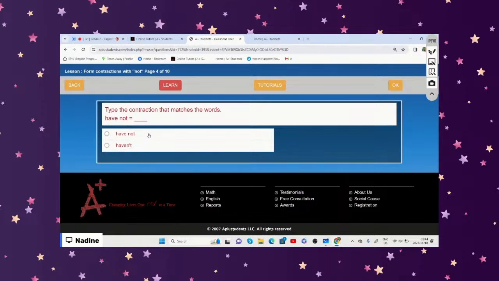Is it option 1, which is have not, or option 2, which is haven't? We need to type the contraction that matches the words have not.